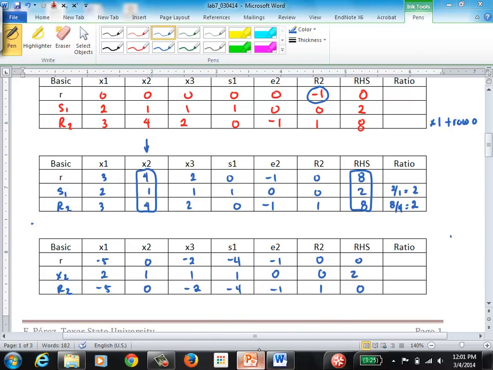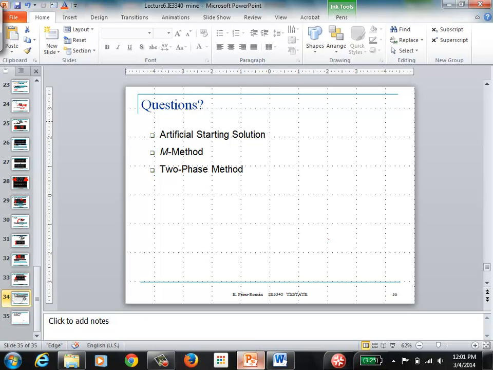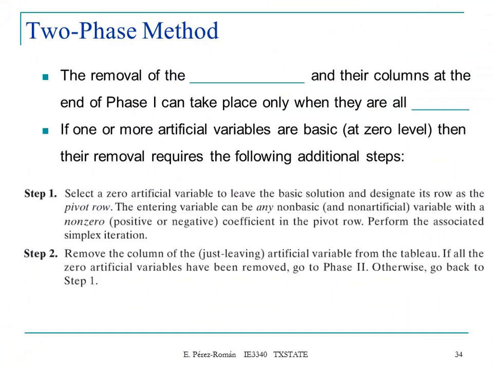So if we go back to this part of the lecture, these are the steps that you follow for such cases. If one or more artificial variables are basic at 0 level, then the removal requires the following additional steps. Very basic steps: you're going to select a 0 artificial variable to leave the basic solution and designate this row as the pivot row.